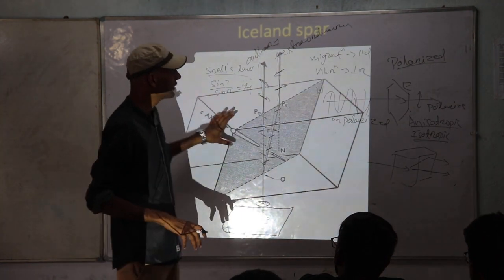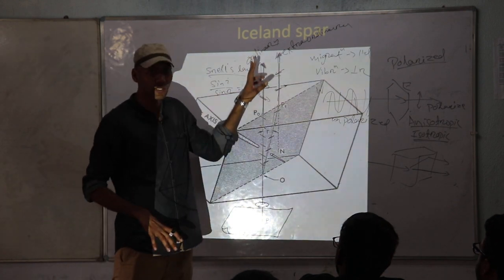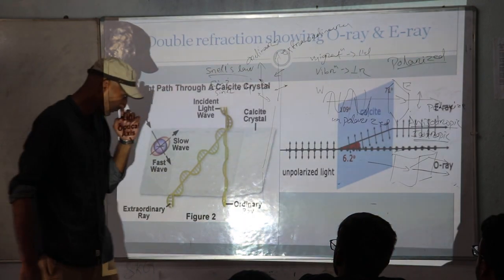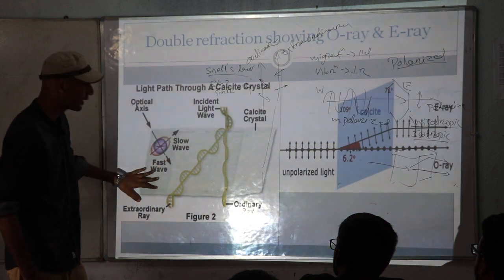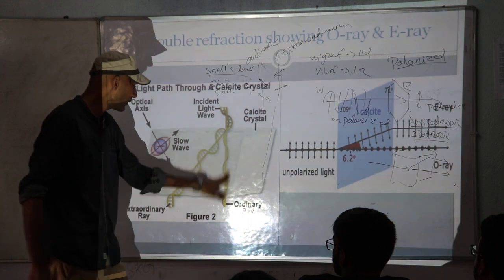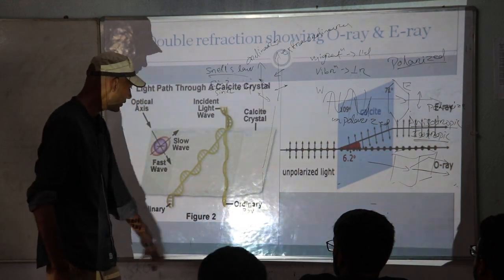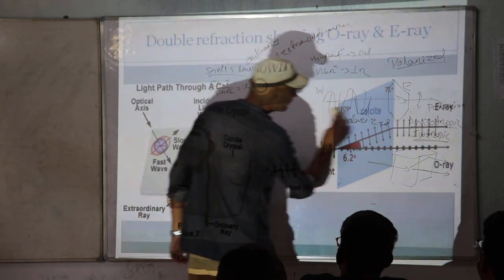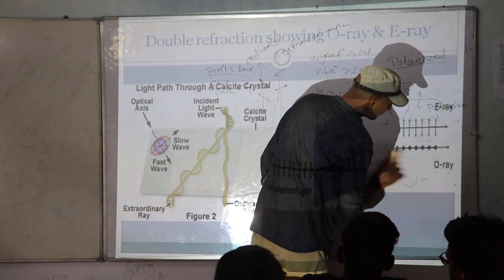This is known as double refraction: a single ray enters the mineral and emerges as double rays or double components. You can see here, this is the unpolarized light ray that enters the mineral, here it is calcite. When it enters the mineral, one continues the same path, another one is deviated from its path. Then both of them are migrating parallelly, you can see here.